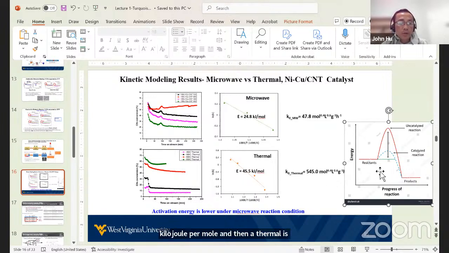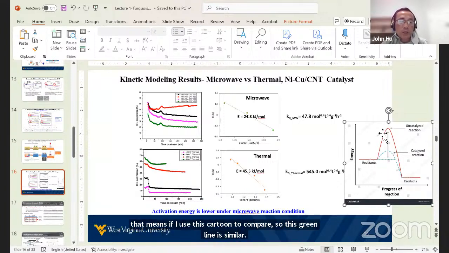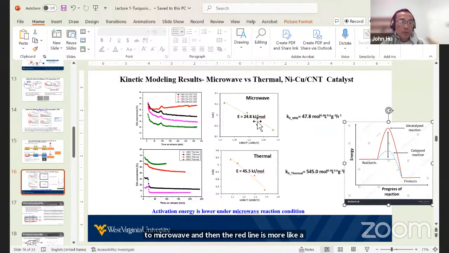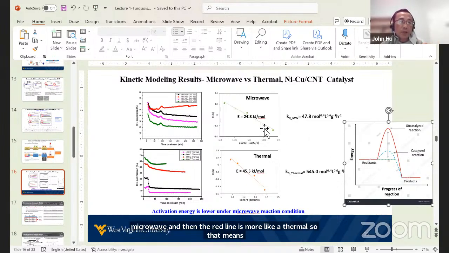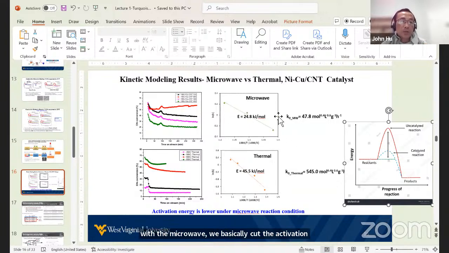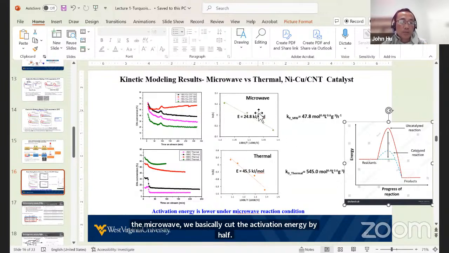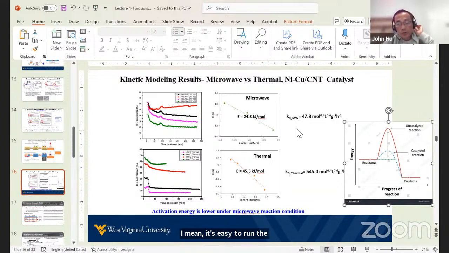If I use this cartoon to compare, this green line is similar to microwave, and the red line is more like thermal. So with microwave, we basically cut the activation energy by half. That means it's easy to run the microwave reaction, because the microwave really induces the activation of the molecule.